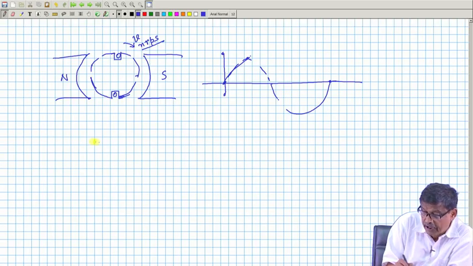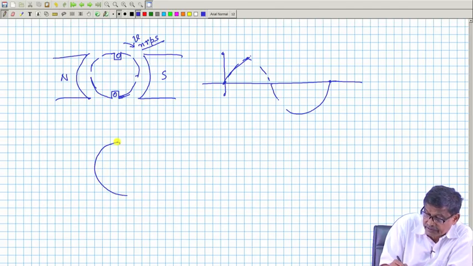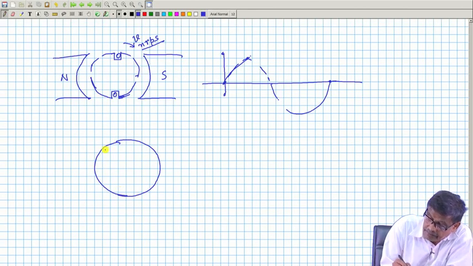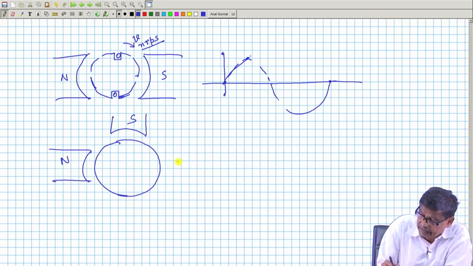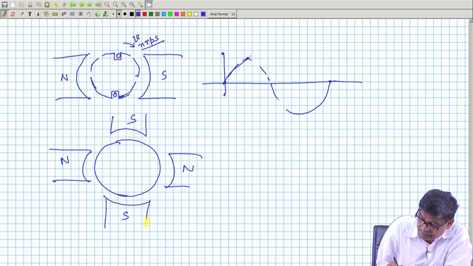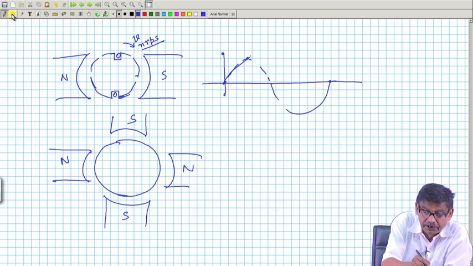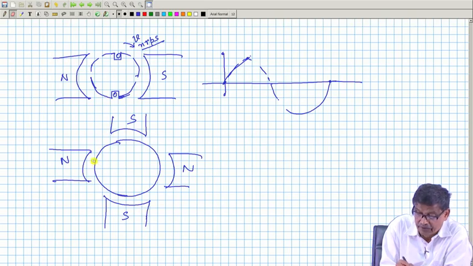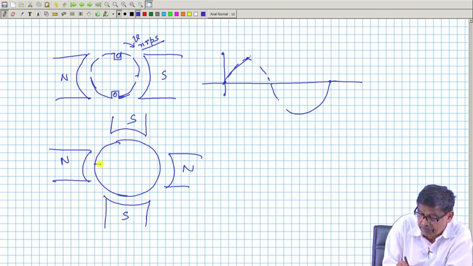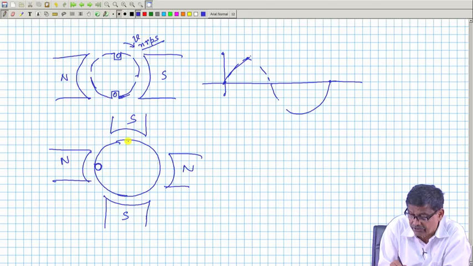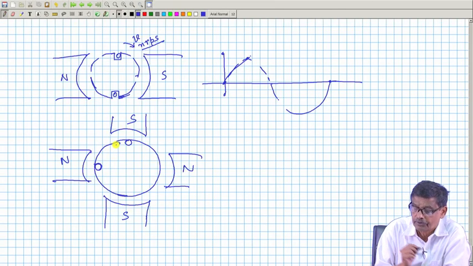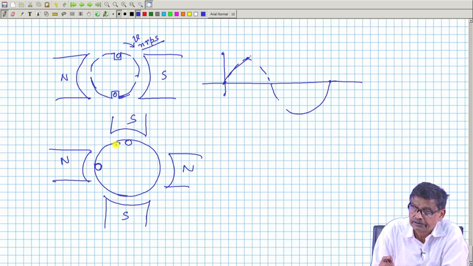But if you have a 4-pole structure like this, north, south, then once again north, once again south, and I have learned where this coil should be placed, coil should be placed here, one conductor, slots I am not drawing, it will have two coil sides and you allow it to rotate.